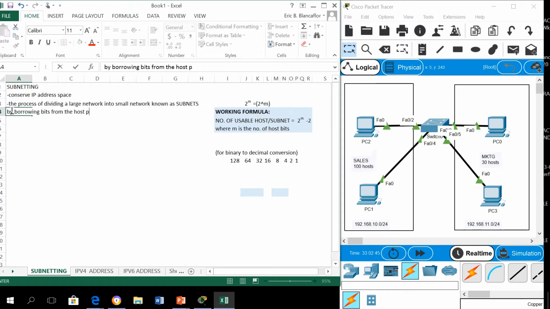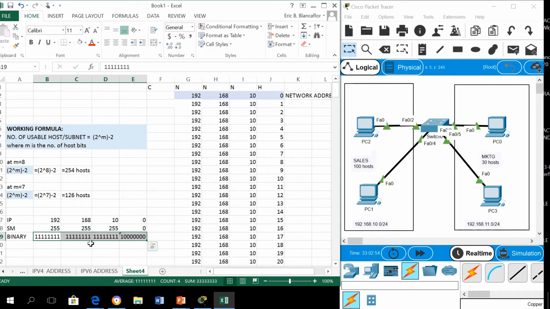What we mean by borrowing bits from the host part is we make it a network part. Like this one, before this was a 0, right? So if we change it to 1, that's what we mean by borrow. We make it a network part. The network is being subnetted or divided. That's how it is.